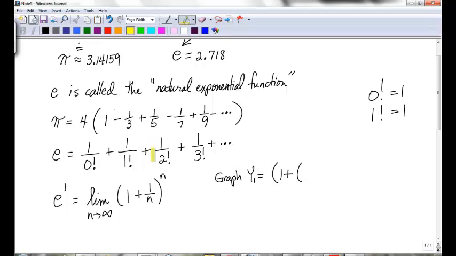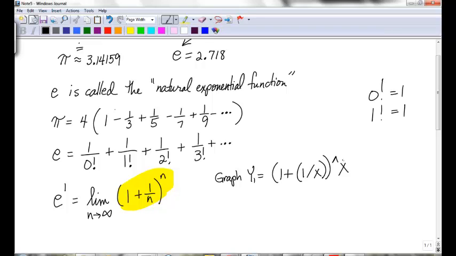We're going to graph this: 1 divided by x, and then raise that to the x power. So graph parentheses 1 plus parentheses 1 divided by x, close the parentheses, and raise that to the x power.